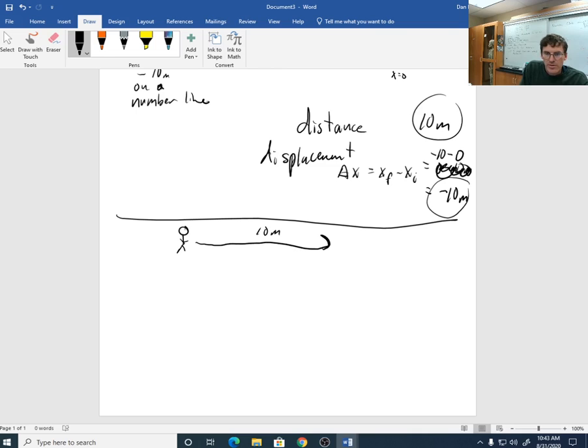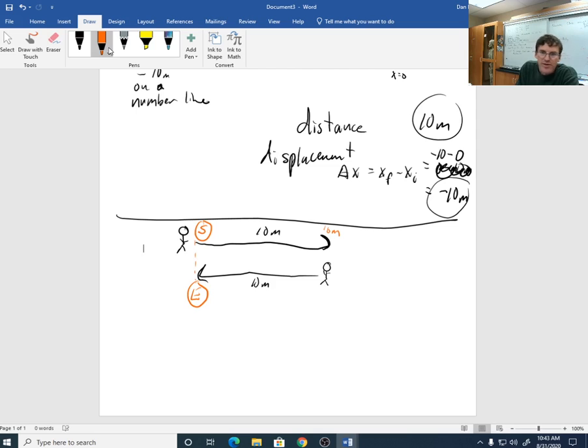Phase 2, the person walks back 10 meters, okay? So this is our start. I'm going to label this our frame of reference, start, end, and we end right at this same line. If you laid the number line down, this is a 10 meter mark right here.